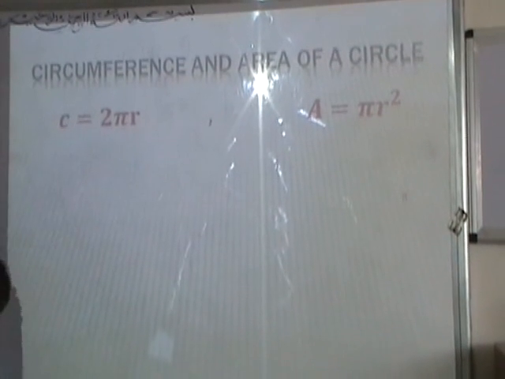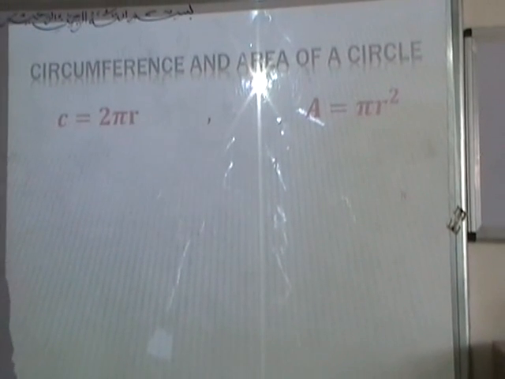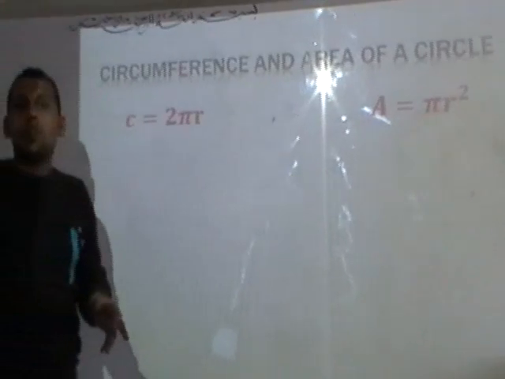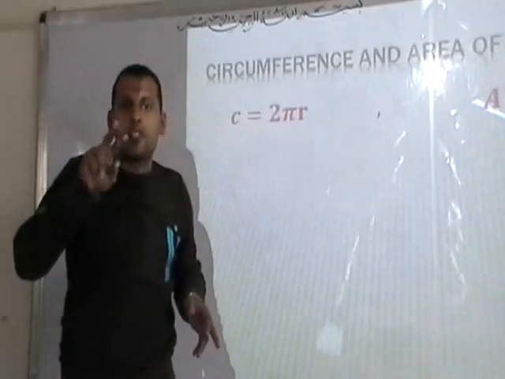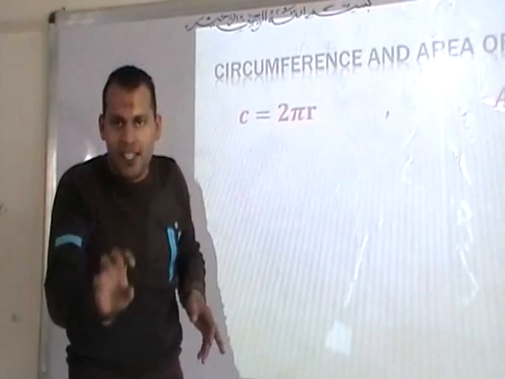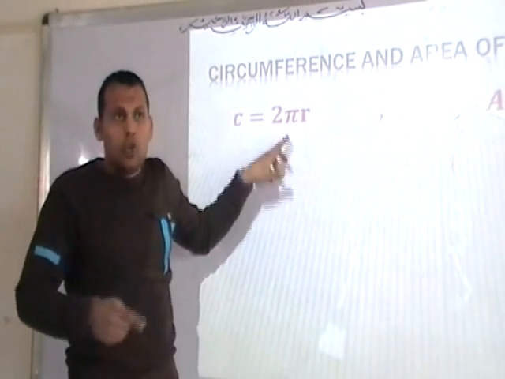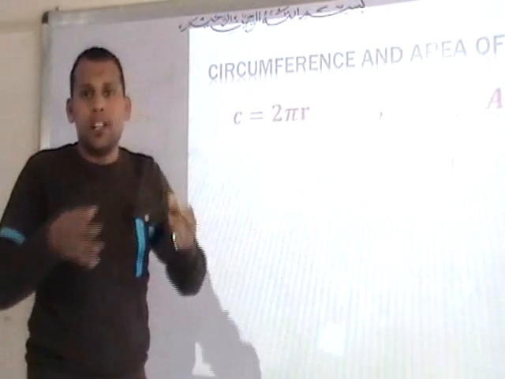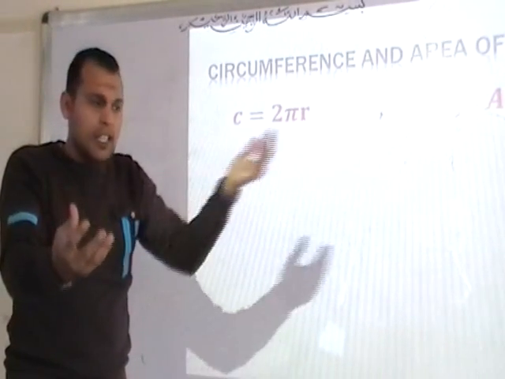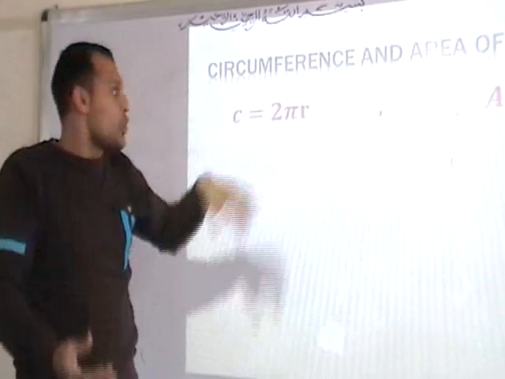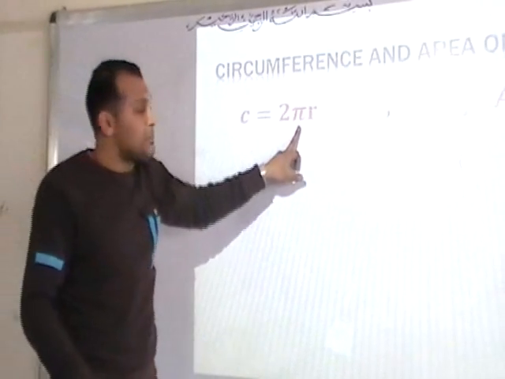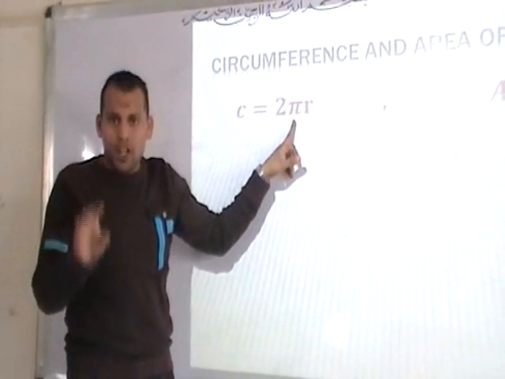What's pi? If you take the circumference of any circle and divide it by twice the radius, you will get a fixed value. This value is pi. So for any circle, if you divide the circumference by twice the radius, you will get pi. So we can say that pi is an approximated value and it's constant.